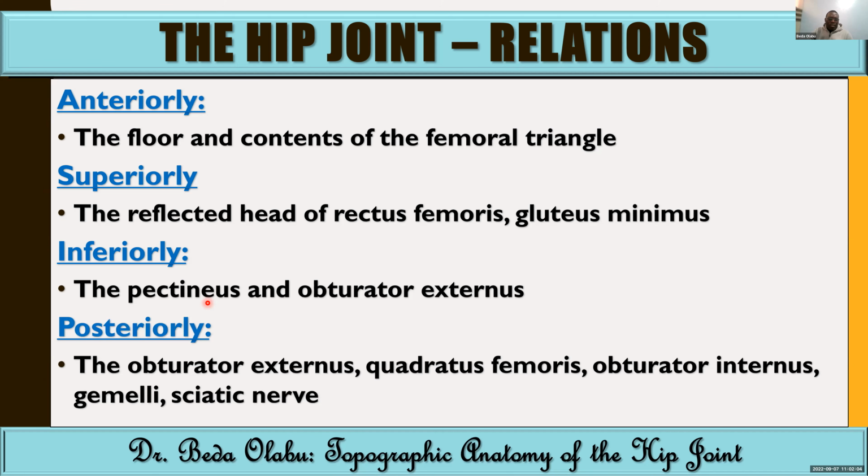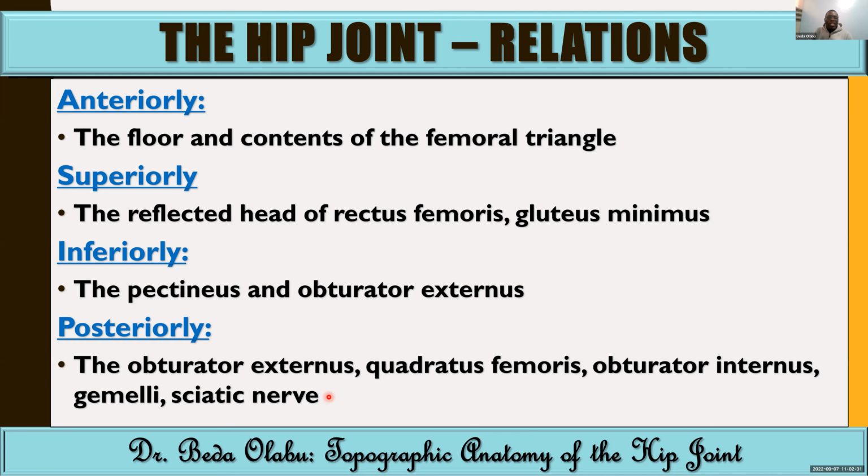Pectineus also partly is an inferior relation of this particular joint, and that's why it's able to adduct the joint. Posteriorly, we can talk about the 6 small lateral rotators, apart from perhaps piriformis, and then we can talk about the sciatic nerve. Or we can put it this way, those infrapiriformic structures. Remember, most of those are actually posterior to the joint.